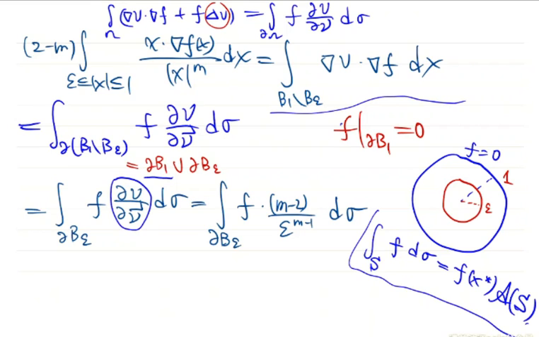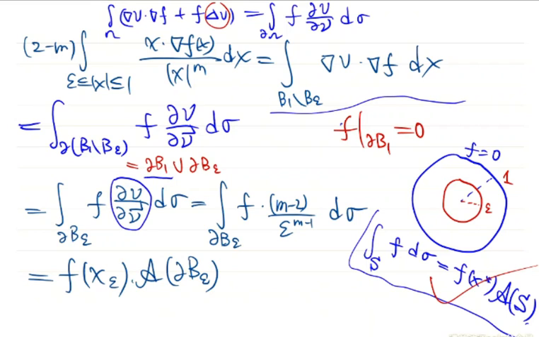Applying this result to this computation, this equals f at some point, which I denote by x epsilon, multiplying the area of the sphere of radius epsilon. Then we also have the (m minus 2) over epsilon to the m minus 1. I forgot to write it.